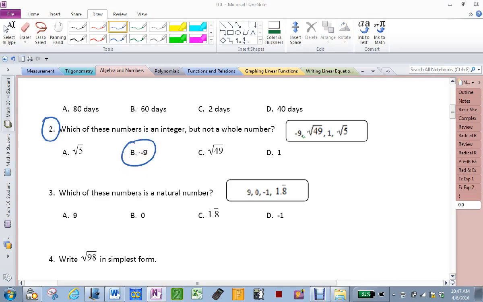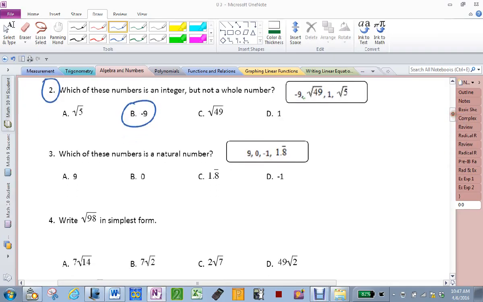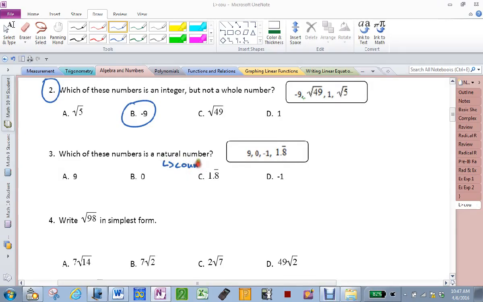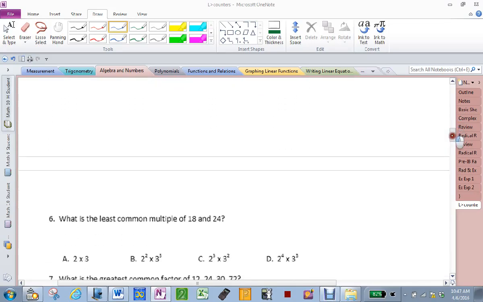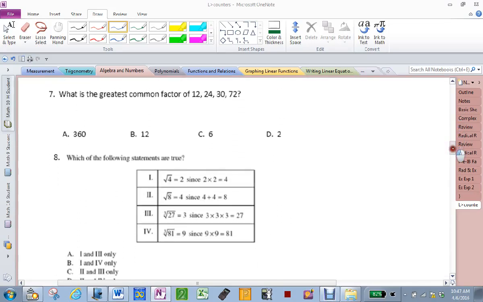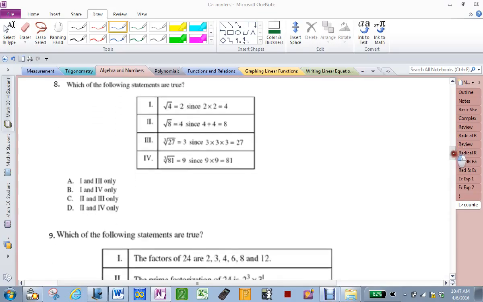B. Number 3 was done a little bit poorly. Natural numbers, they're the counters. Which one of those do we hit if I say let's count together? Then everybody else was okay. Everyone was okay with 6, 7.